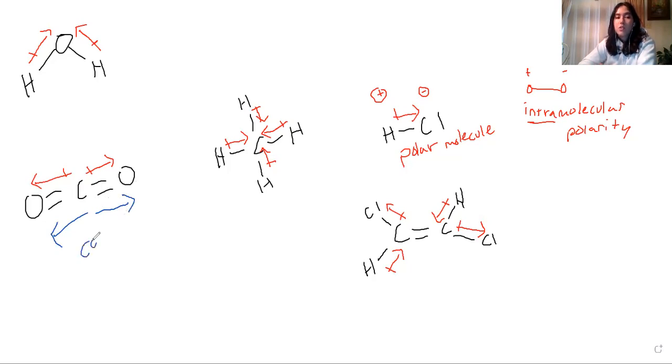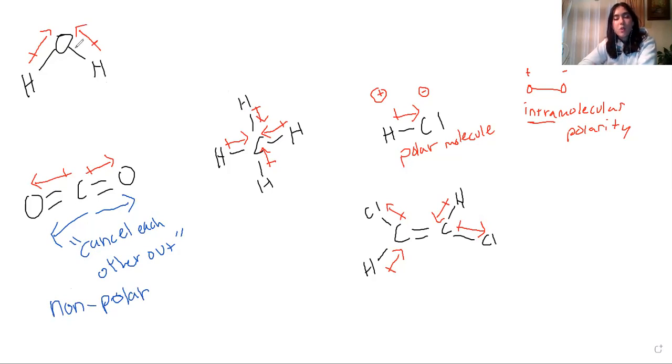So they cancel each other out. This is important because you need to know if a molecule is nonpolar or polar. So this one's going to be nonpolar. And I'll go over the reason why after we identify all of these.